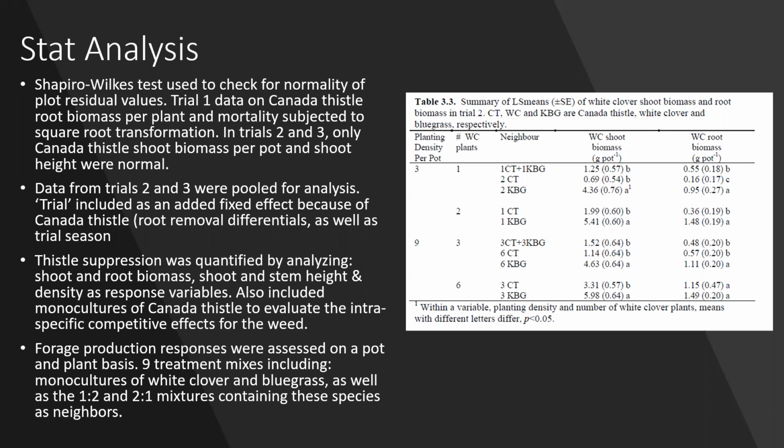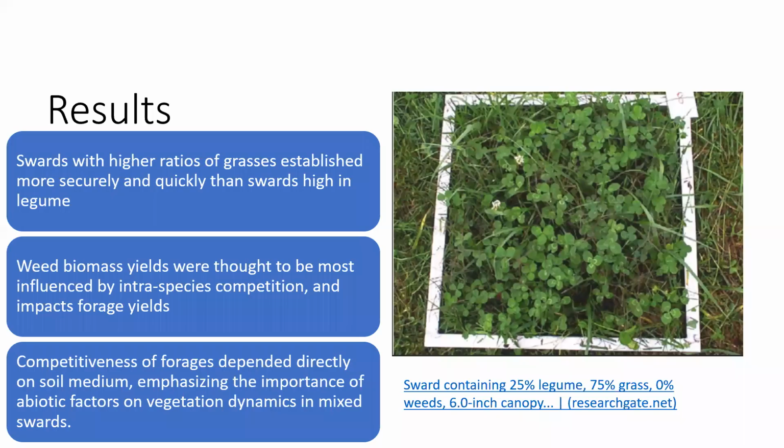And as we stated earlier, grasses, because they are more simple, establish more quickly and possibly securely if there is not too much issue from crowding, as we see at the concentration of one white clover to two Canada thistle, providing a low count of white clover shoot biomass. So the swards with a higher ratio of grasses establish more securely and quickly, as we said.